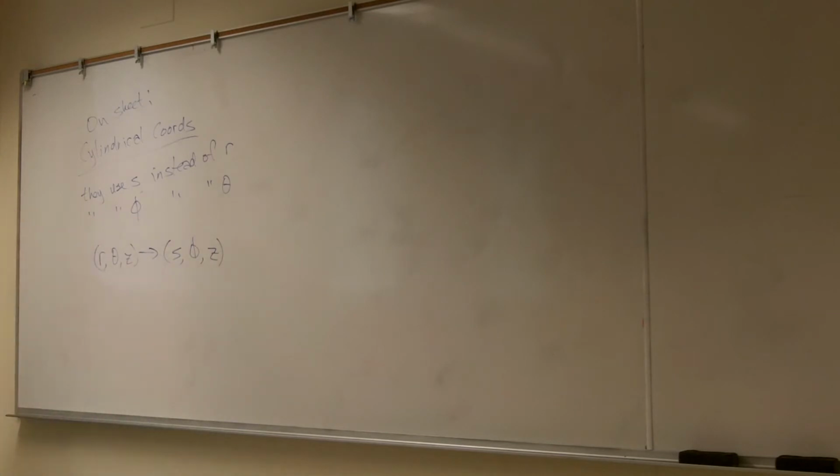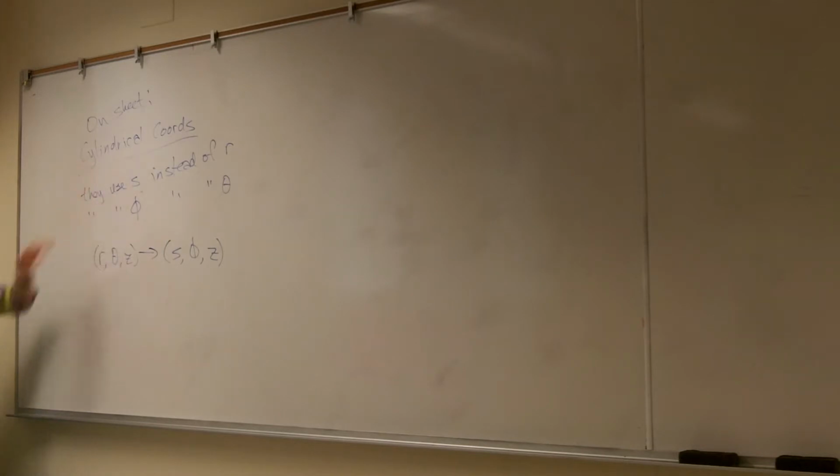Okay? So again, presumably the first point here was to avoid confusion with the spherical coordinate R. And the second point, remember when we actually talked about cylindrical coordinates, we said the angle that we were calling theta is really more similar to the spherical phi than it is to the spherical theta. And so I think there's good reason to maybe call it phi like they do in this sheet that I've handed out.